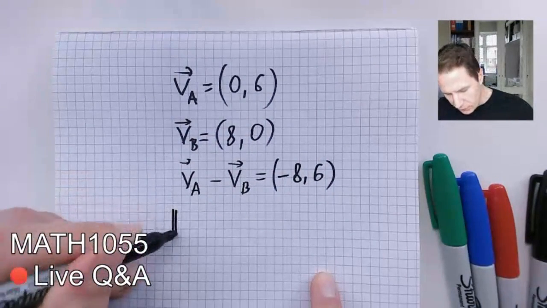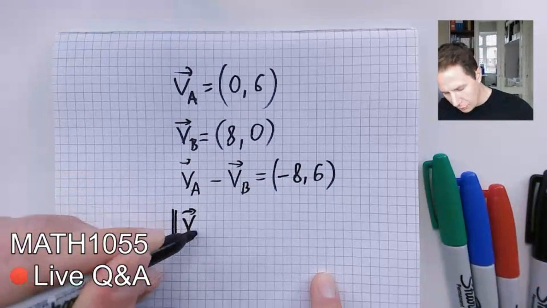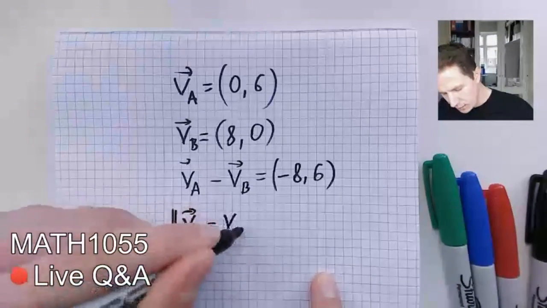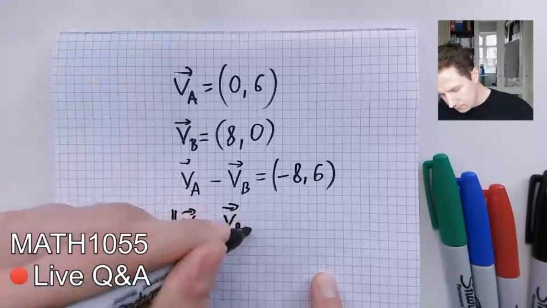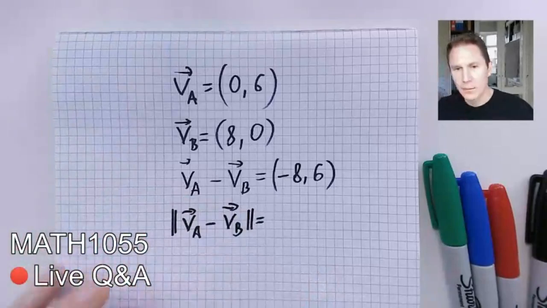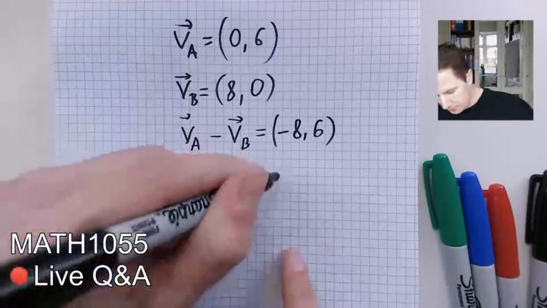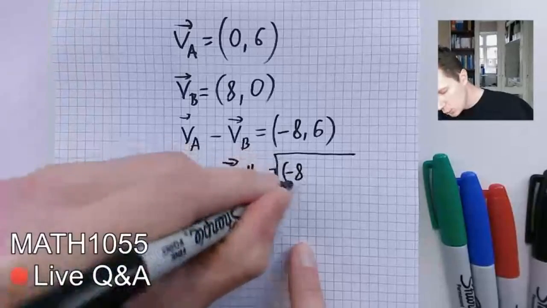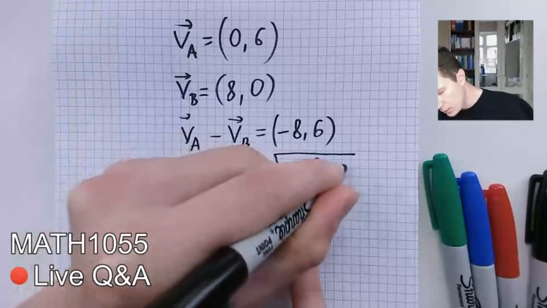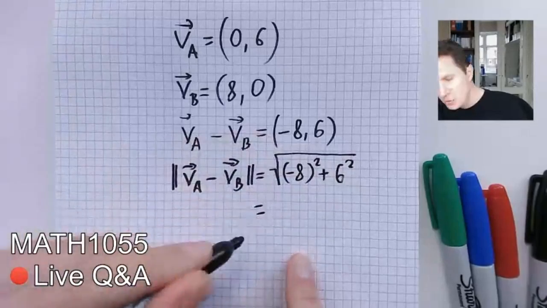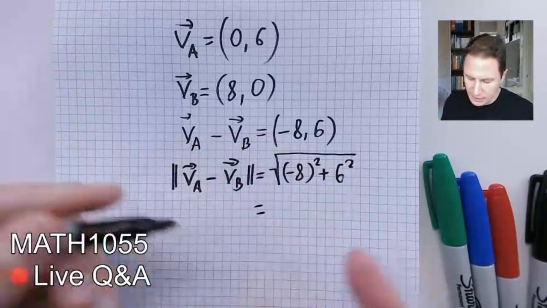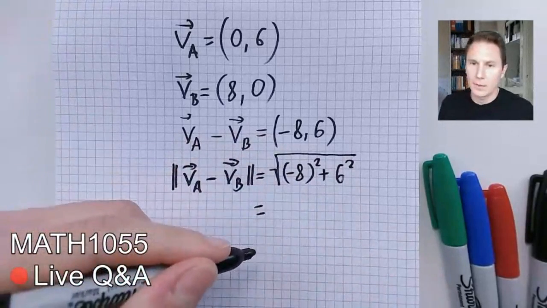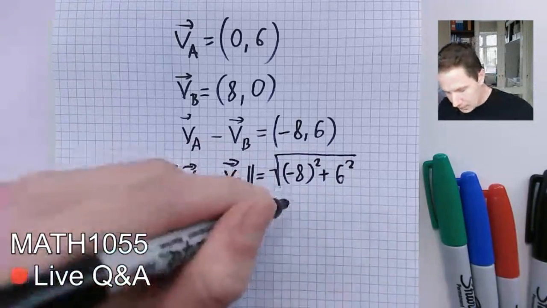Then all we had to do is calculate the length of this vector, which can be done using the Pythagorean theorem. So it's just the square root of the sum of the squared coordinates. I have chosen some very special speeds, so you get a Pythagorean triple.